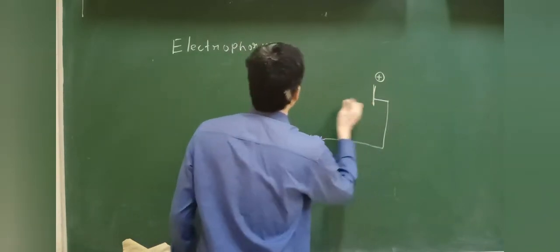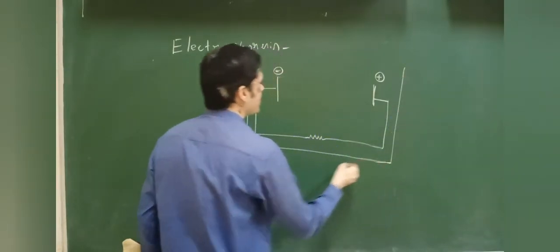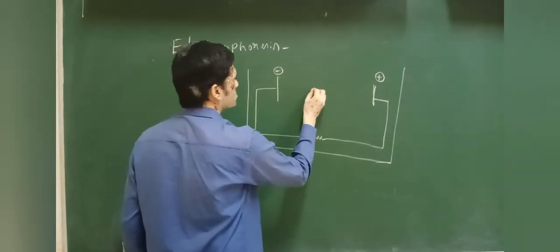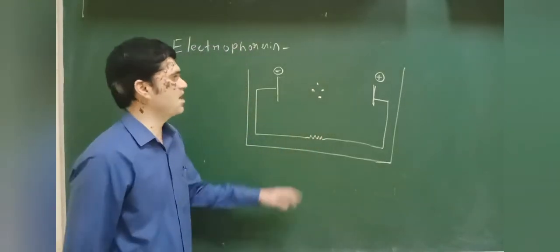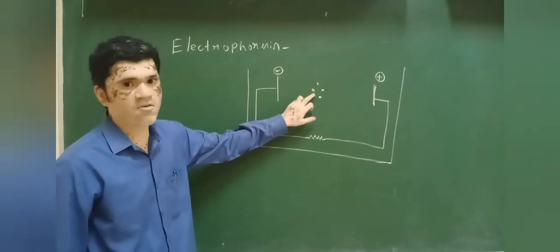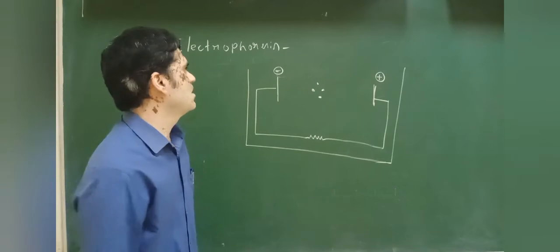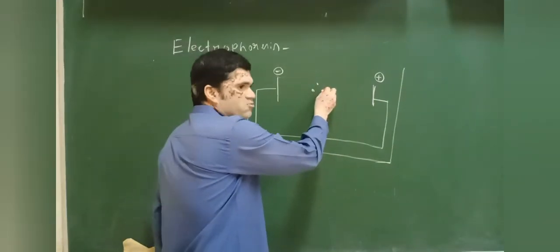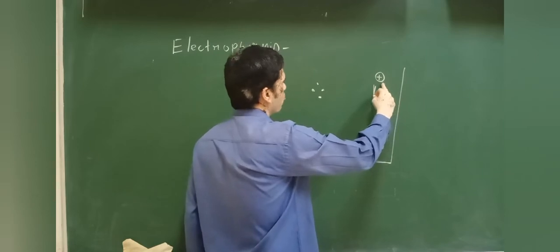When we place this in a buffer solution containing our biomolecules, based on the pH of the buffer medium, these biomolecules will acquire either negative charge or positive charge. If the biomolecules acquire negative charge, they will move towards the positively charged electrode.